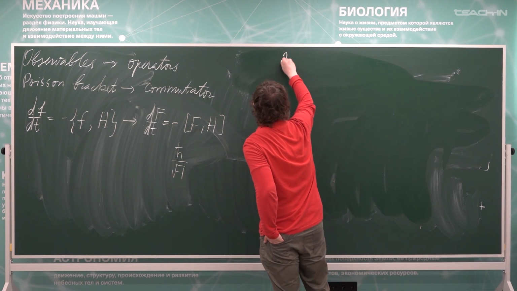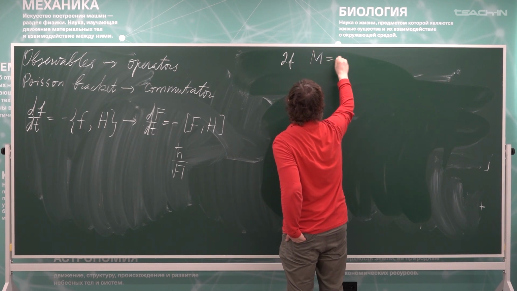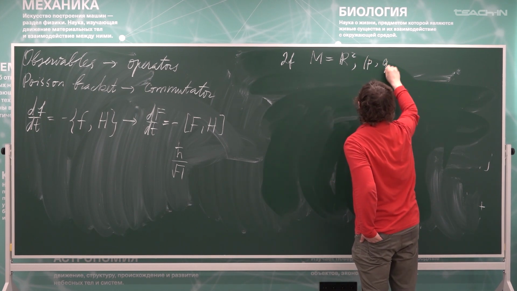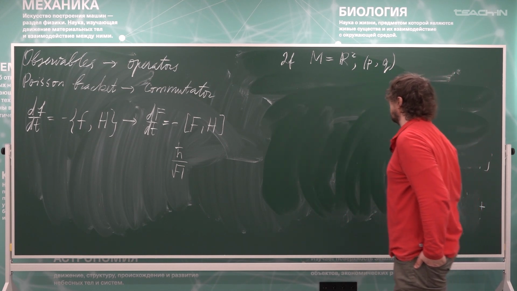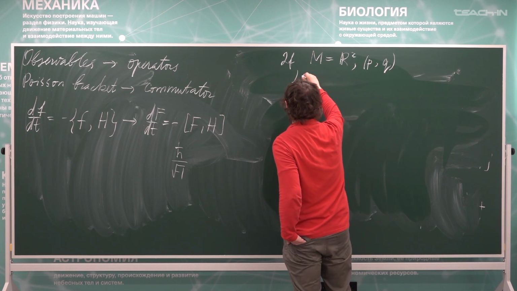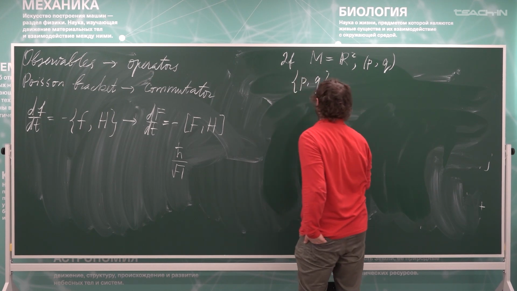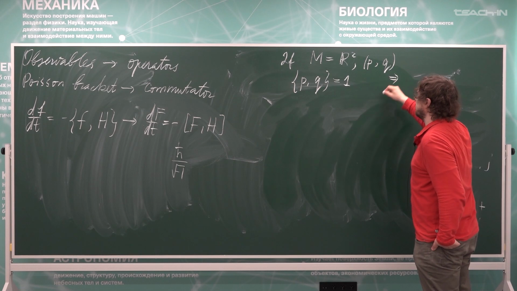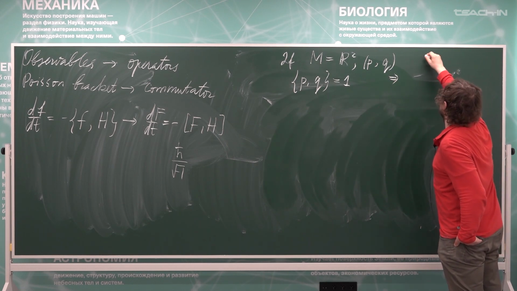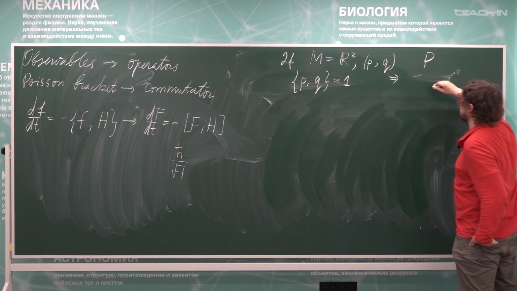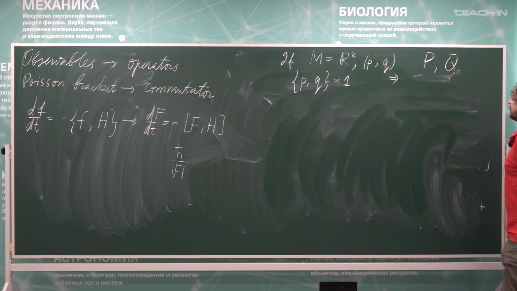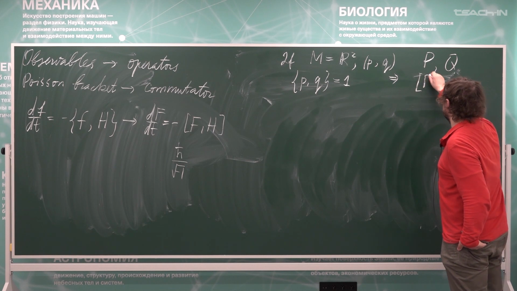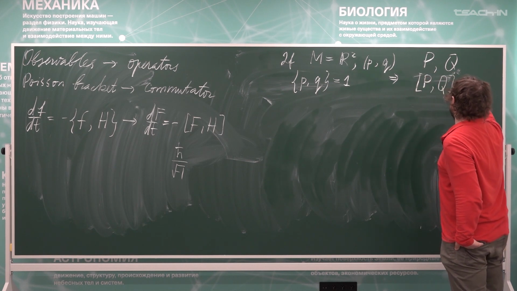For instance, if our classical phase space M is equal to R2 with coordinates P, momentum, and Q, the coordinate of the point, with the only commutation relation verified by this coordinate system, that is to say P, Q is equal to 1, then in the quantum case, for starters, we need an operator P capital that will correspond to the momentum, Q capital that will correspond to the coordinate, and the condition we have here, which is usually assumed to hold, should be P, Q equal to 1.